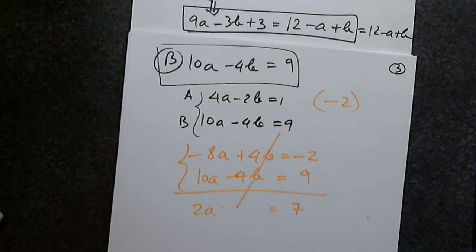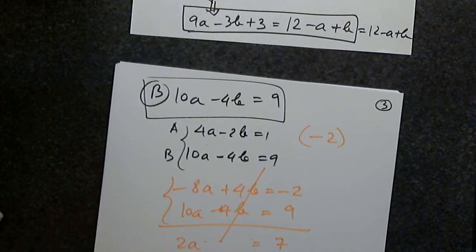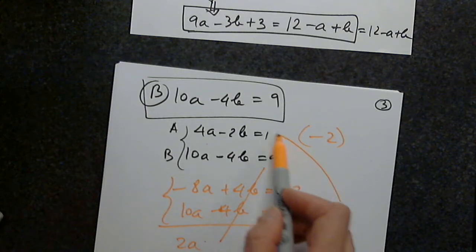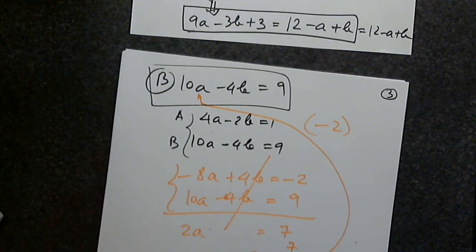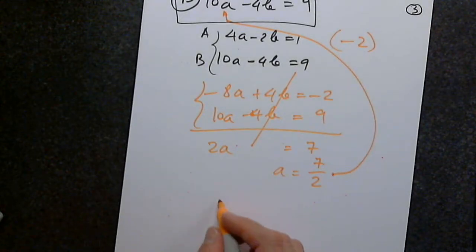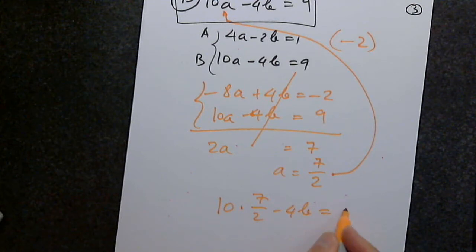How much is a? Is this good? Yes, but not good enough. I have to go back to any of the two equations. It doesn't matter. Let's say I go back to equation B. 10 times 7/2 minus 4b equals 9.